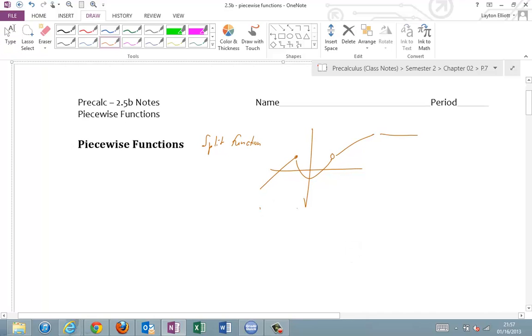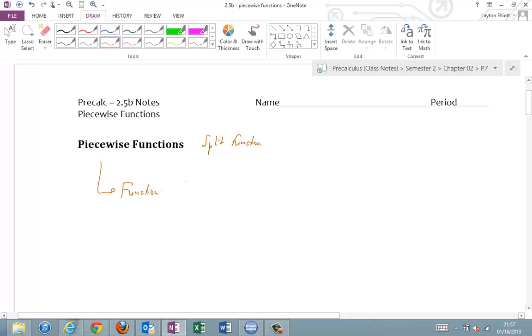We say that maybe this is one part, and then this is another part, and this is another part, and all of them have their own separate domain. So, getting rid of that, we're going to say that they are functions containing multiple parts, each with a unique, non-overlapping domain.